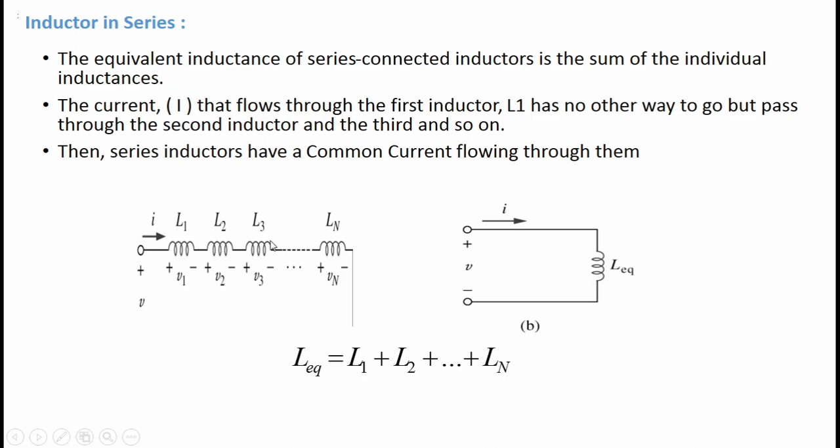These are connected in series. At the inductor L1, V1 is the voltage produced, at L2 V2, at L3 V3, and so on. Here is the equivalent series inductance, given by the formula L equal to L1 plus L2 plus Ln, etc.